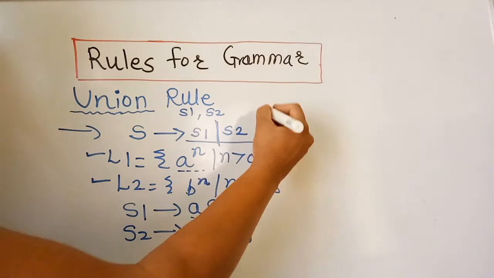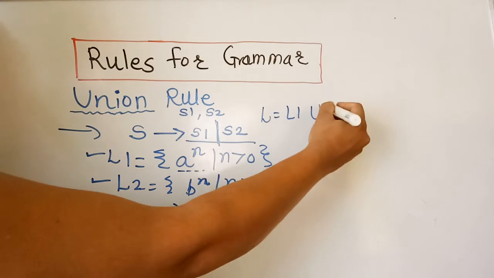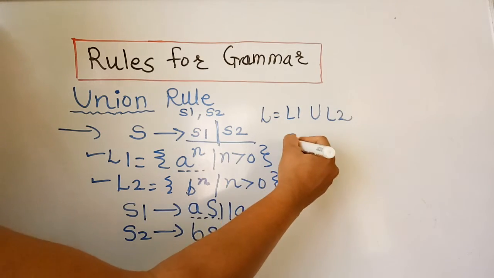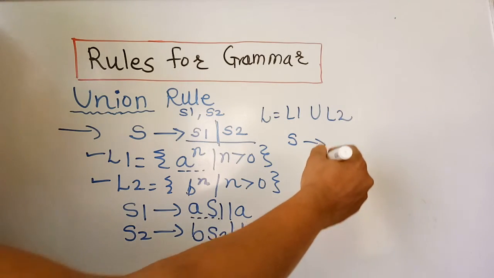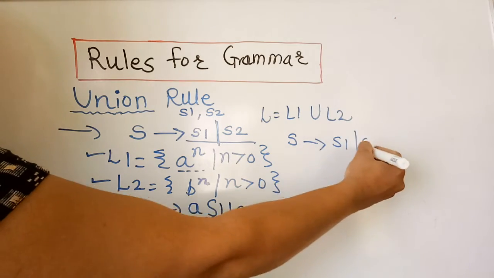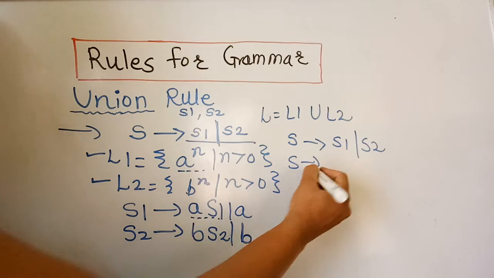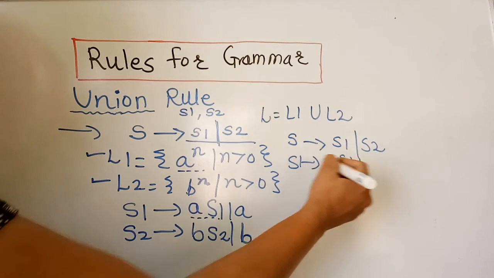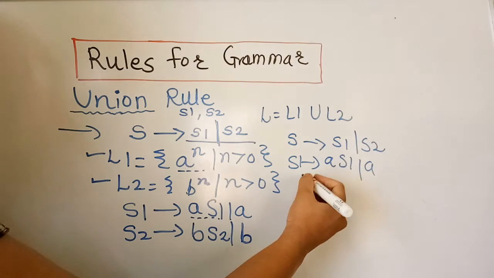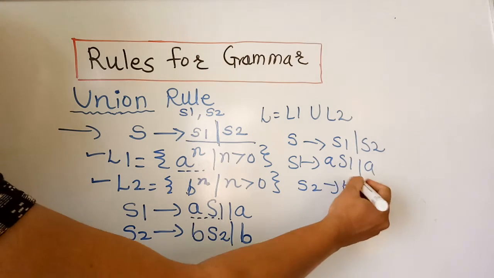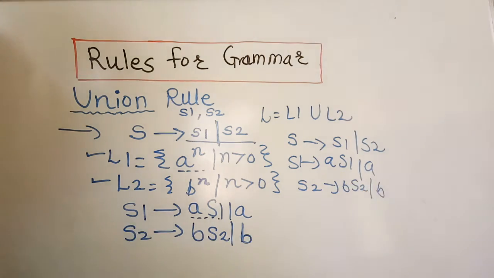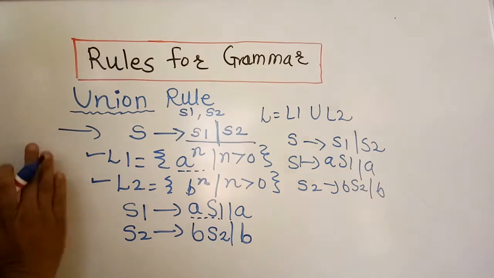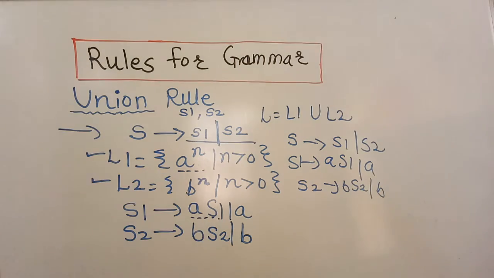Then the new language L is L1 union L2, and the production would be S gives S1 | S2, along with all the separate rules of S1 and S2, that is S1 gives aS1 | a, and S2 gives bS2 | b. So this is basically the rule for the union of two language grammars.